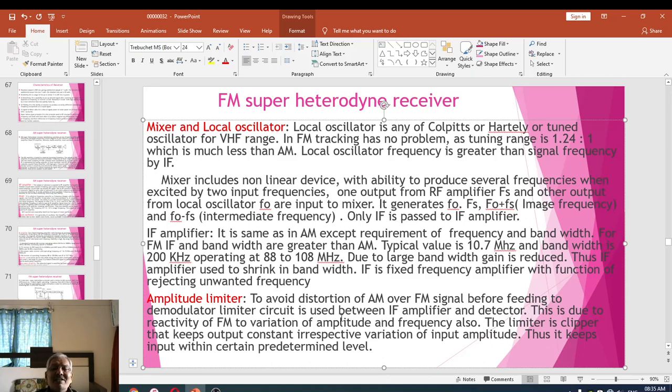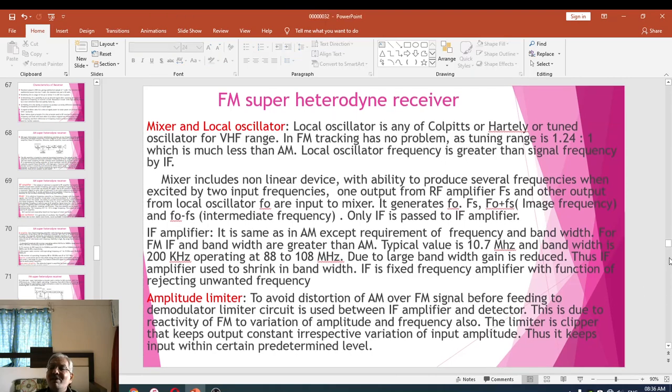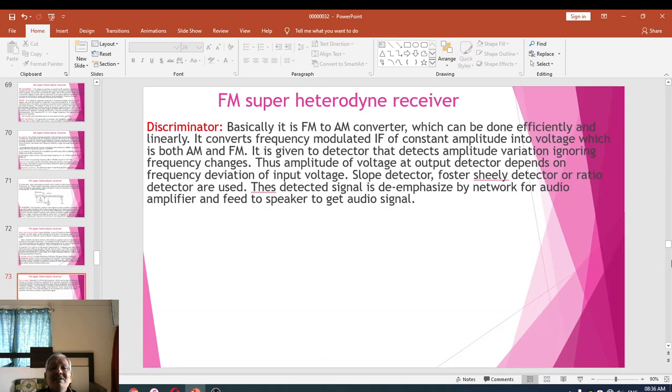This is due to the reactivity of FM to variation of amplitude and frequency also. The limiter is a clipper that keeps the output constant irrespective of the variation of the input amplitude. Thus, it keeps the input within a certain predetermined level. So that is the role of the limiter circuitry, which we already studied in BSc part 2, that we are applying here.